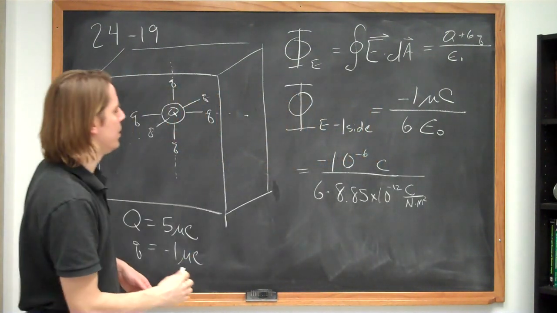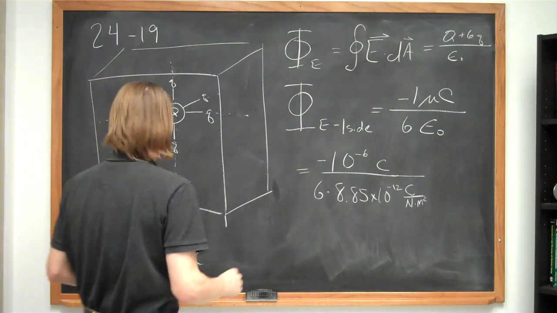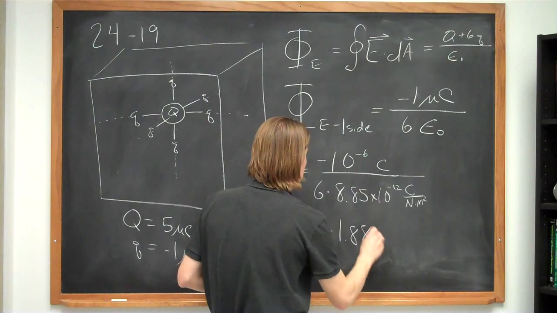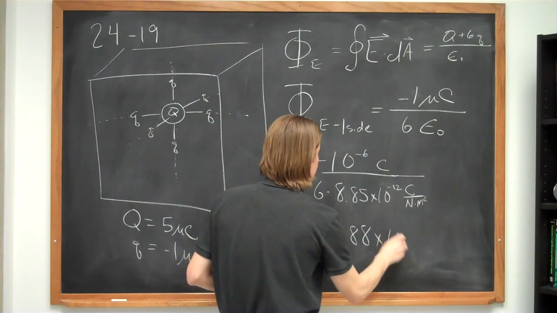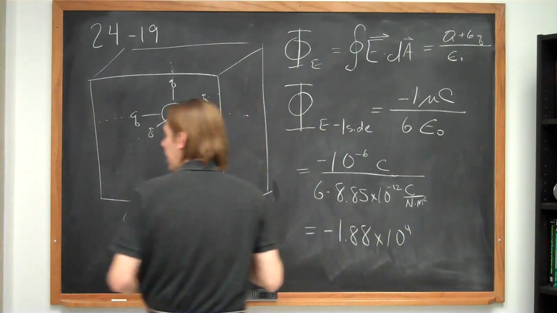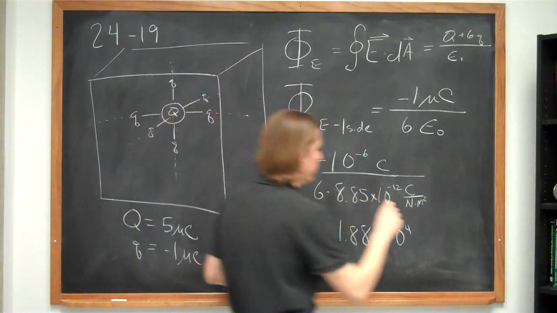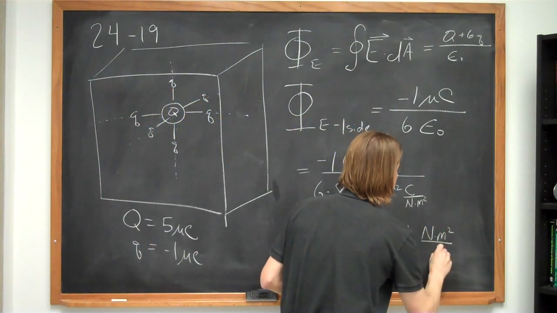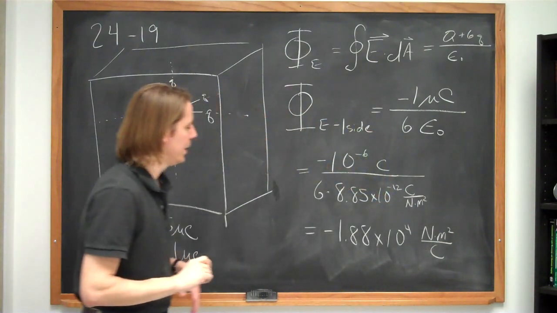And if you run the numbers on that, that is just minus 1.88 times 10 to the 4 Newton meter squared per coulomb, the unit of flux. Newton meter squared per coulomb. And that's the answer.